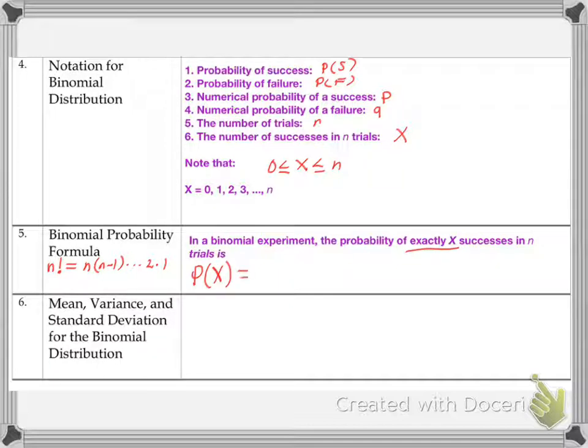P of x equals n factorial all over n minus x factorial times x factorial, so that's all in the denominator, times p to the x times q to the n minus x. Again, we're going to do examples to use that, but this is called the binomial probability formula.